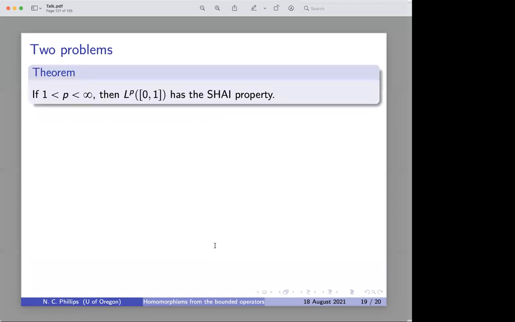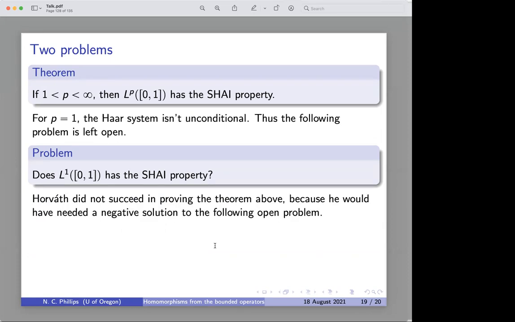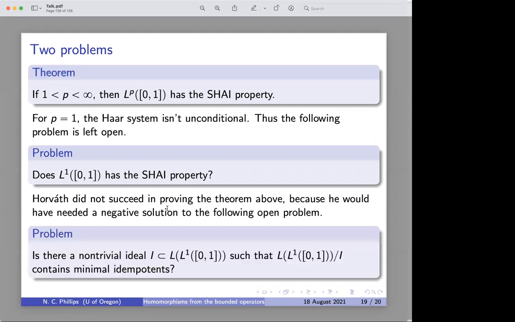Okay, so here's the theorem again. For p equals 1, the Haar system isn't unconditional. So this problem is left open. Does L1 of 0, 1 have the SHAI property? And there's one other question which I'd like to mention here. Horvath did not get the theorem, this one up at the top, because he would have needed a negative solution to the following problem, which is still open.